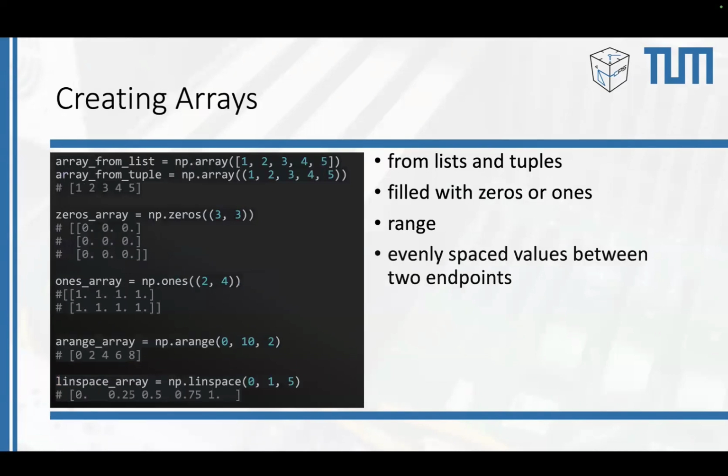So how do we create an array in NumPy? Well, there are several ways to do it. The typical way, if you have a constant array, or if you want to initialize an array in a certain way, is to do basically np.array and pass the constant as argument.